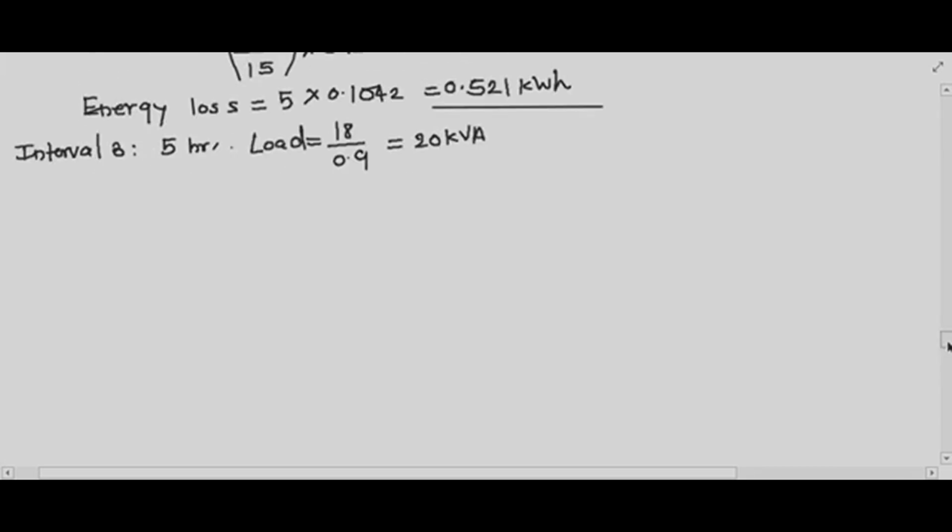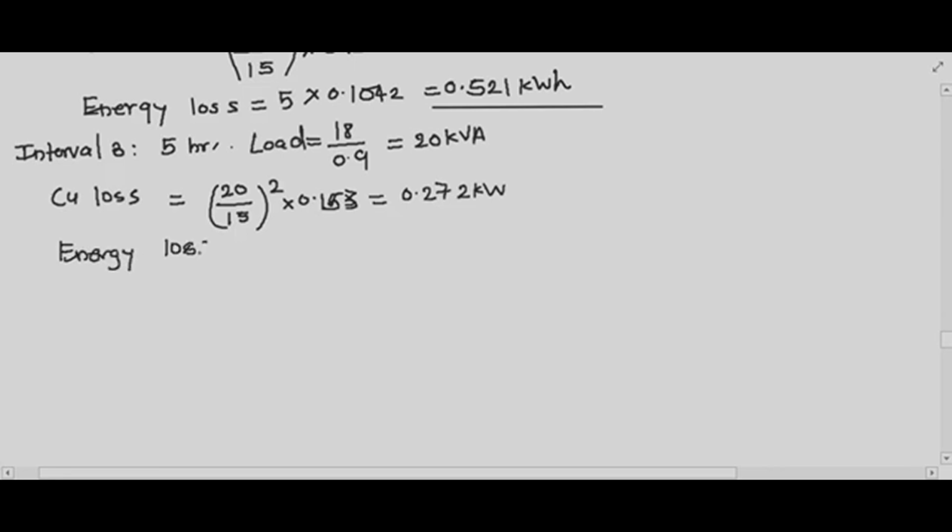Then copper loss equals 20 by 15 whole square into 0.153, that equals 0.272 kilowatt. Right? Then what is energy loss? Energy loss is equal to 0.272 into 5. So it will be equal to 1.36 kWh.